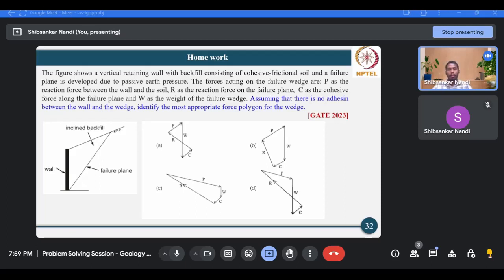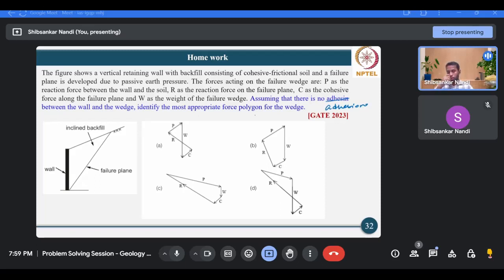The forces acting on the failure wedge are P as the reaction force between the wall and the soil, R as the reaction force on the failure plane, C as the cohesive force along the failure plane, and W as the weight of the failure wedge. Assuming that there is no adhesion between the wall and the wedge, identify the most appropriate force polygon for the wedge.